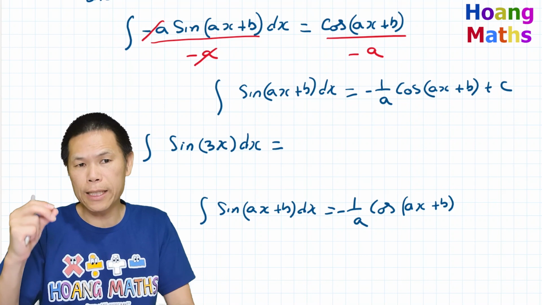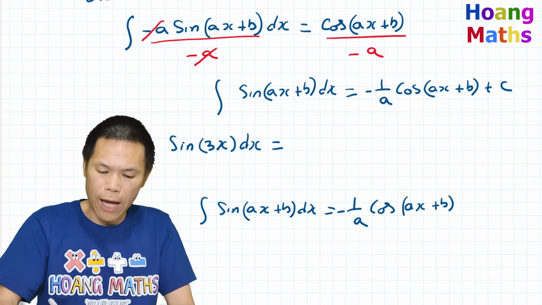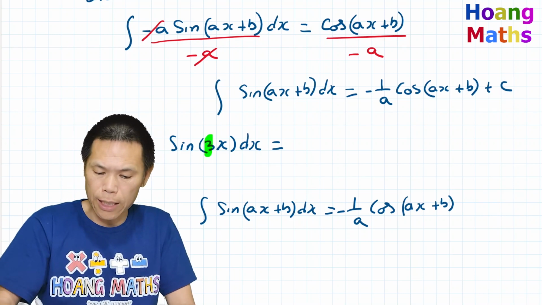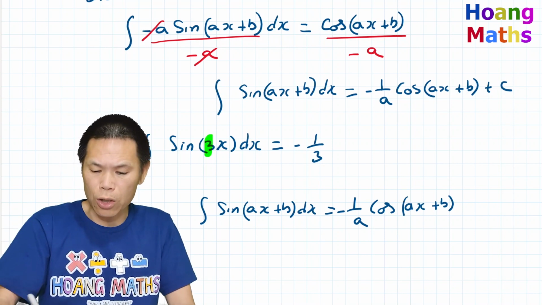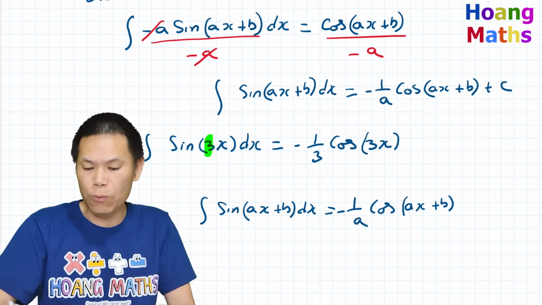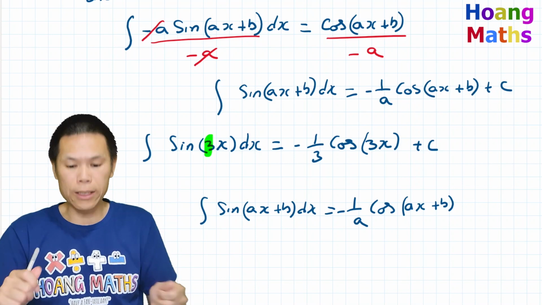But in this case b is 0, so we just ignore that. So 1 over a is 1 over 3, but it's negative. So the answer is negative 1 over 3, and then sine becomes cos, so cos of 3x. That's it. And don't forget, we need to add a constant. So there you go, right?